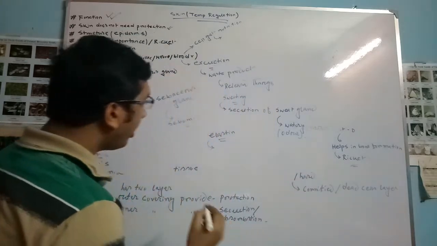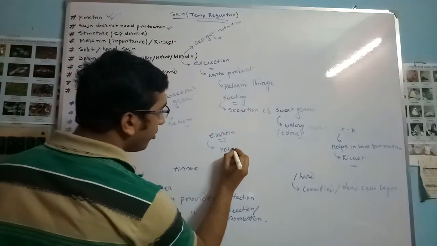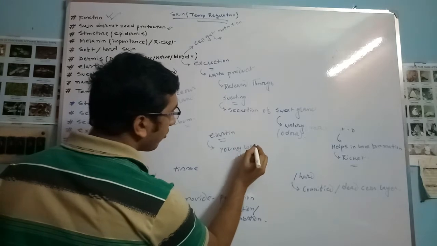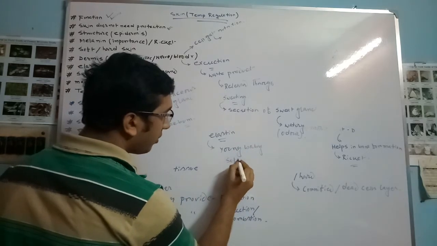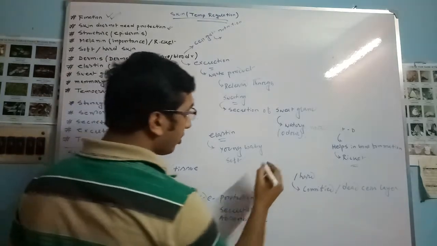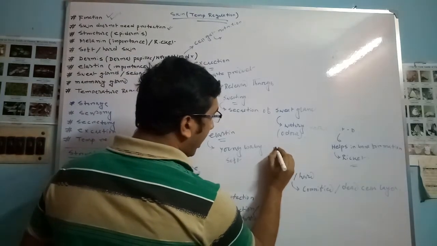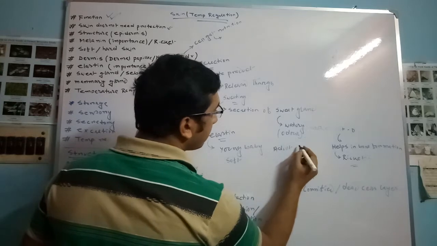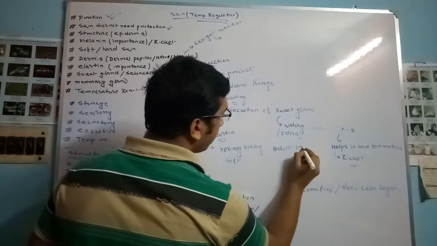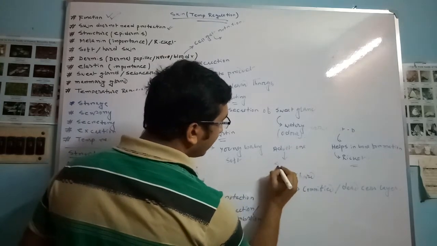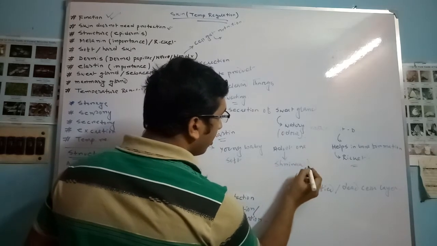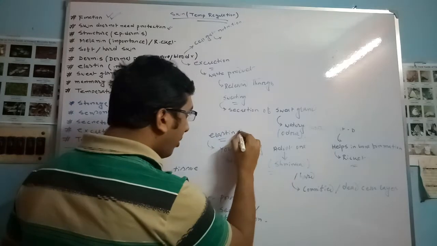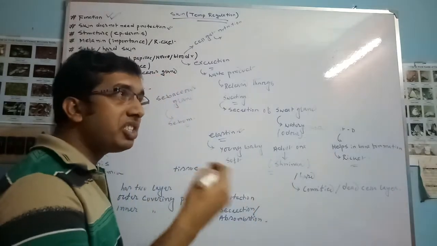In the case of a young baby, the skin is so soft, but in adult individuals, the skin becomes shrunken, because the amount of elastin becomes degenerated.